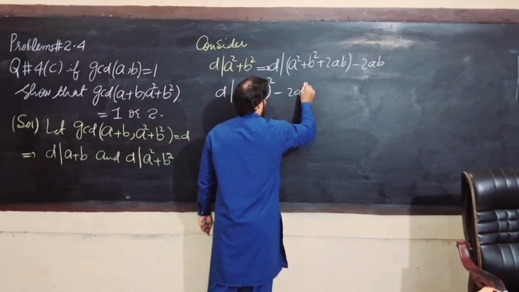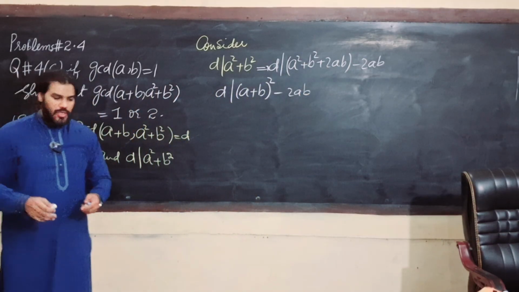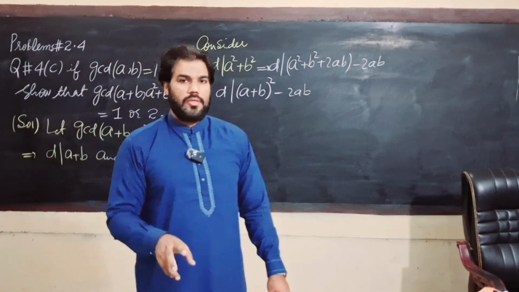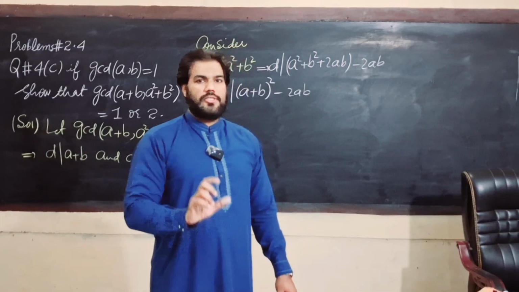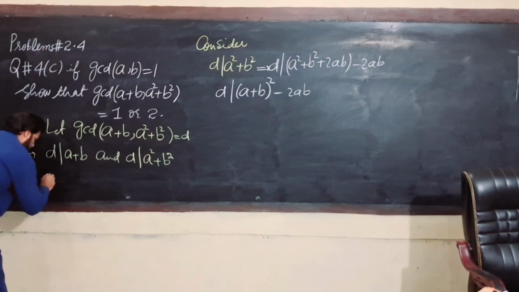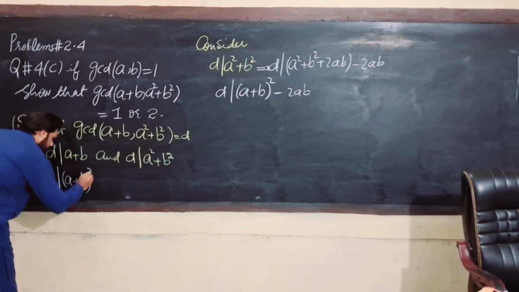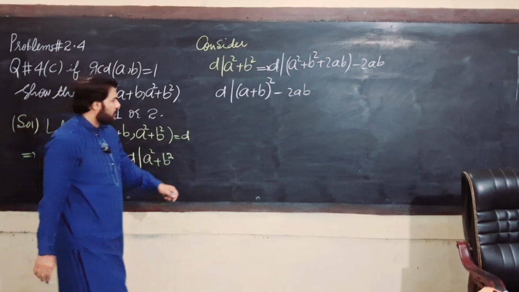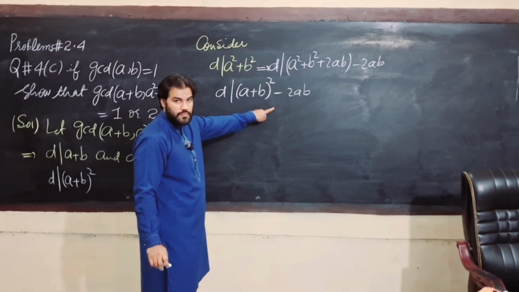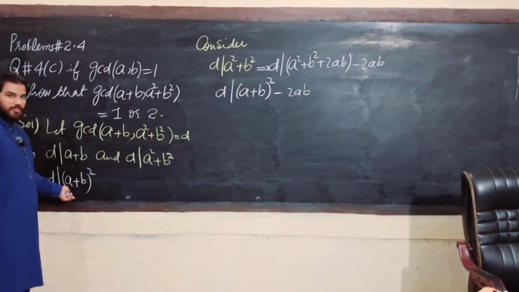As it is given that D divides A plus B, we have a result that if D divides some number, then it must divide its square. So D must divide (A plus B) whole square. Now, this expression shows that D divides the difference of two numbers, and D divides one of them, that is (A plus B) whole square.